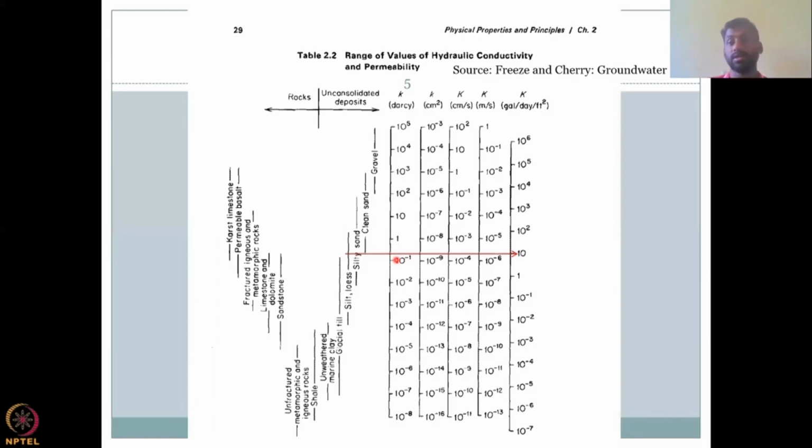So you can see there is a volume of water moving through a cross section, and if you take off the area of the cross section, it is purely a velocity kind of relation. Let's take centimeter square. So the permeability is 10 power minus 9 for silty sand. Not very slow, but not fast either.